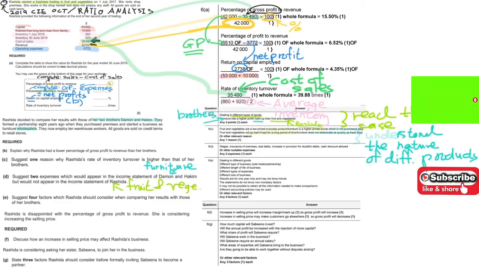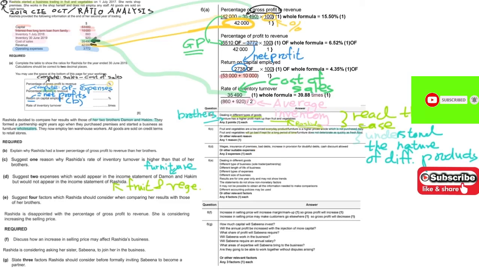For example, you can read the answer. For this one, they have the insurance. They also have the doubtful debts. I would like to use these two as an example.